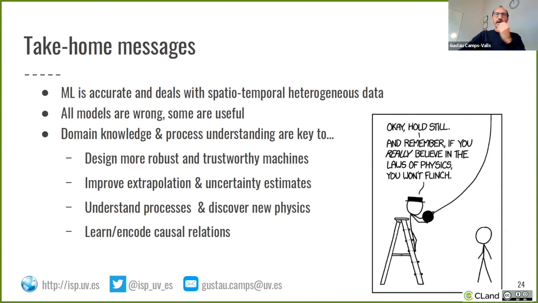What I advocate here is the combination of both through domain knowledge and process understanding, because that will, in principle, bring some advantages. The main advantage is that, of course, extrapolation should be improved. As we have seen, uncertainty estimates will be more realistic. And in principle, we should be able to discover new parameters not well characterized in the literature, and understand processes from the data themselves. So thank you very much.